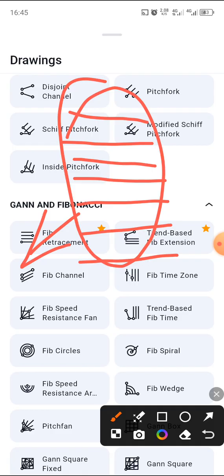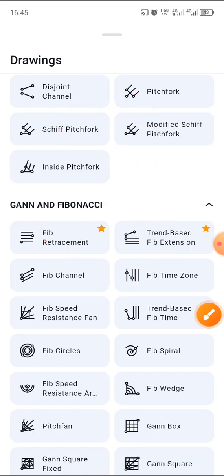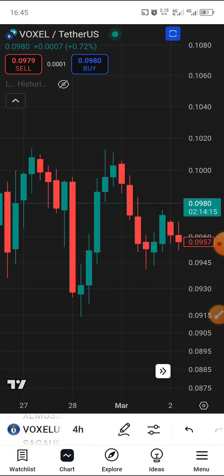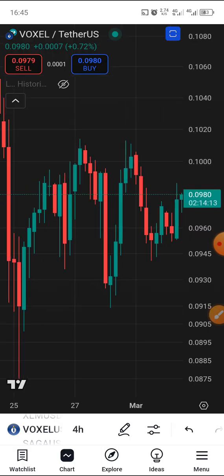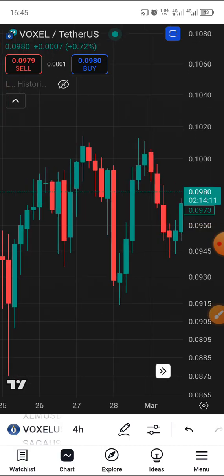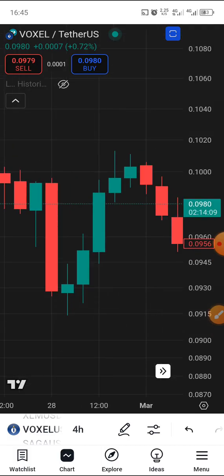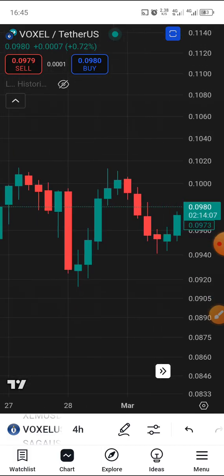One, you can use it automatically, or you can draw it manually. And there are only two ways you can draw it accordingly. First and foremost, you have to see: is this an upward trend, or is this coin on a downward trend?